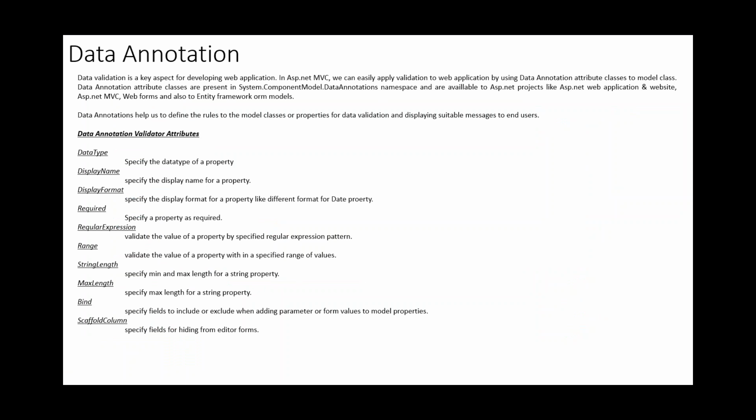Data validation is a key aspect of developing web applications. In ASP.NET MVC we can easily apply validation to the web application by using data annotation attribute classes on the model class.